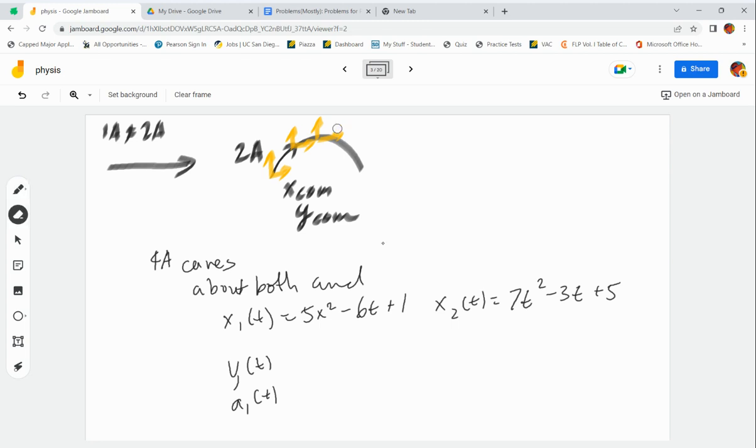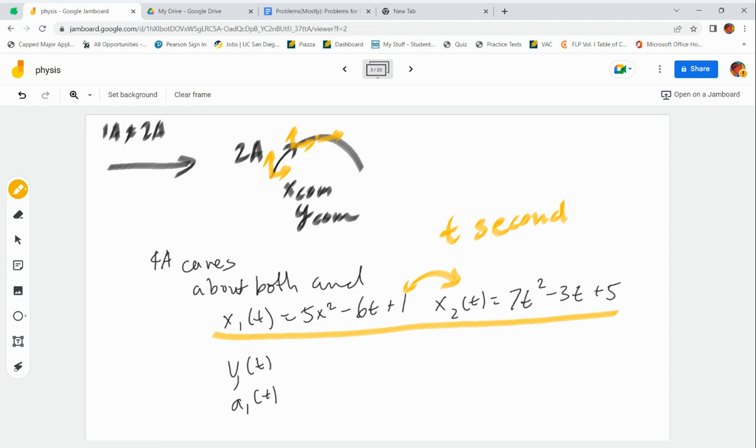And 4A does care about these kinds of questions where we have two systems and we're asked to get the t seconds where they meet each other, and there should be two solutions here.